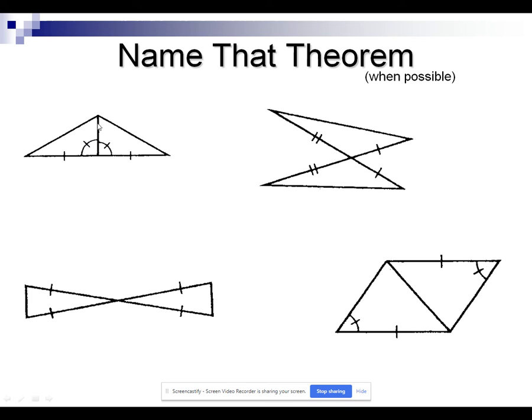Well, if we look at them, they share this side. So even though it's not marked, we could go ahead and mark it. They share a side, so they have to be the same. So now, what's marked? Side, angle, side. So you got to be careful of that. If they share a side, you can go ahead and mark it that, yep, they're the same.